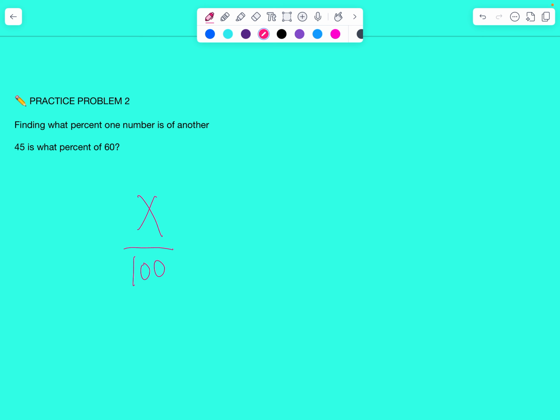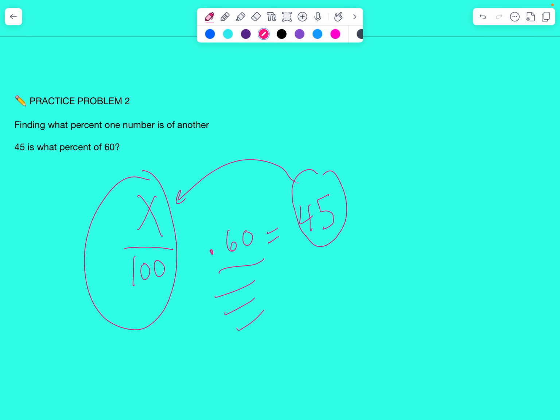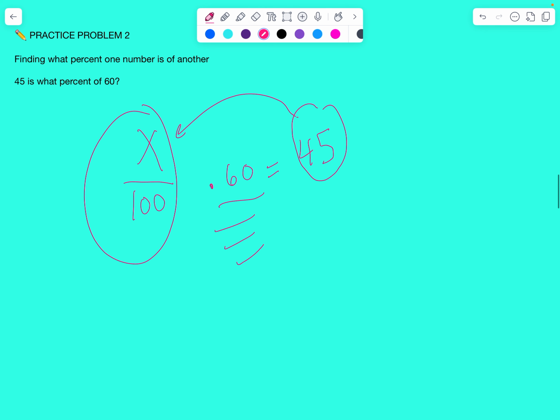Step 2, set up the equation: percent of 60 equals 45. So 45 is what percent, percentage is always x over 100, of 60. So that all made sense, right? All right, so we have this formula. Now we just have to solve it.